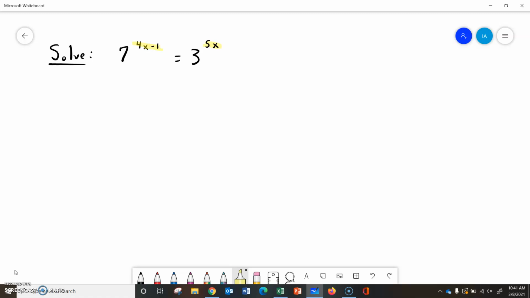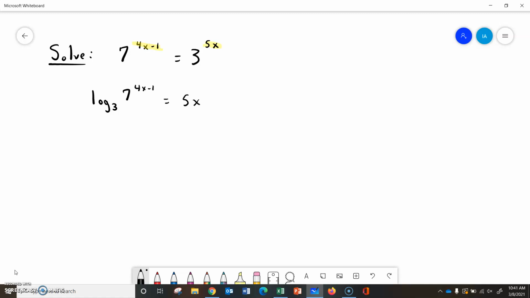But what we're going to do here is we're going to go ahead and possibly change this to logarithmic form, and it doesn't matter. I'm going to make it log base 3 of 7 raised to the 4x minus 1 equal to 5x.